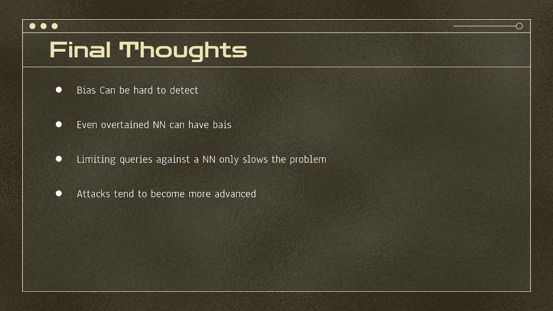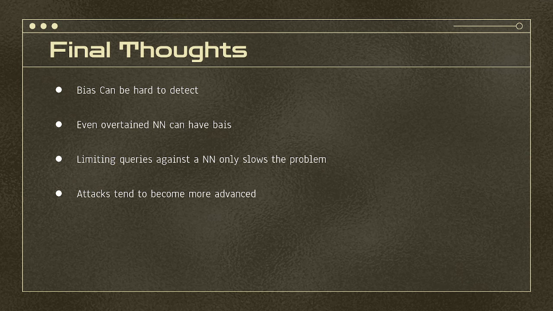So if you limit access to your neural network, you might be removing some of its functionality by limiting access. But unless you completely remove access, you're not removing the problem, you're just slowing it down.